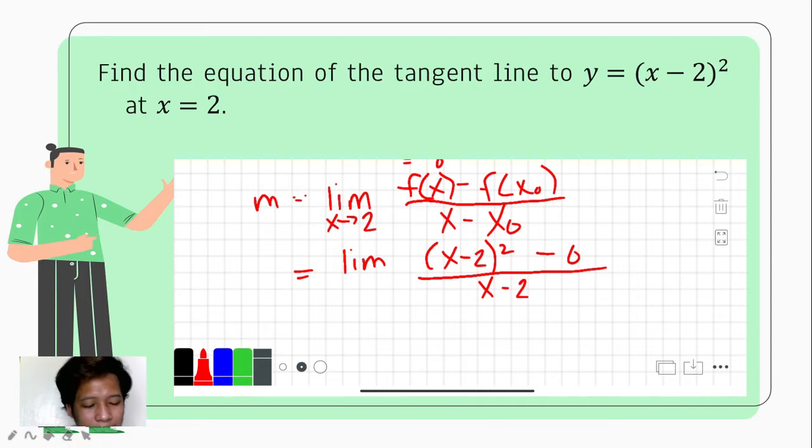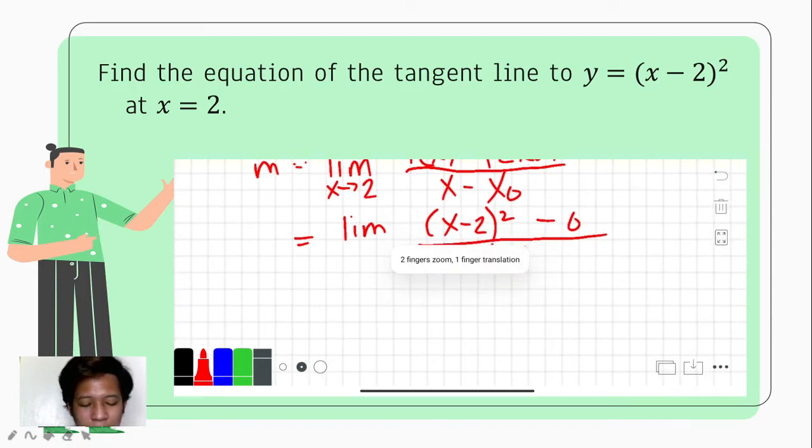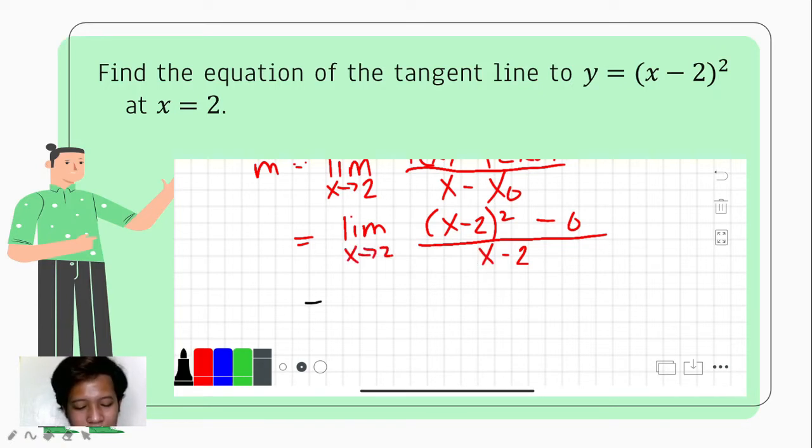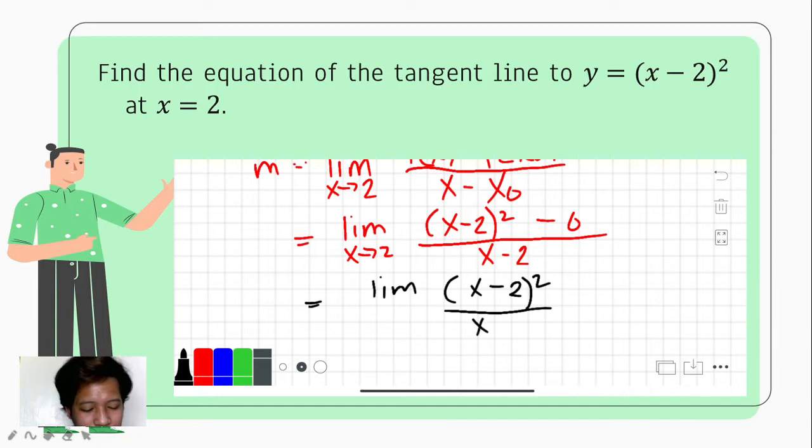Okay? Next, what we're going to do now is simplify it, as x approaches to 2. That is the limit of x minus 2 squared over x minus 2.